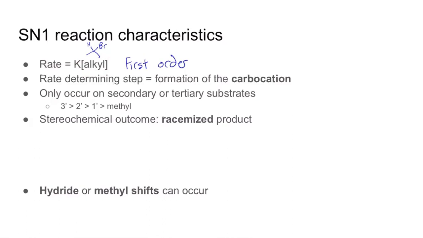So it's abbreviated SN1, but it's actually called nucleophilic unimolecular substitution. That's where we get the name SN1 from.